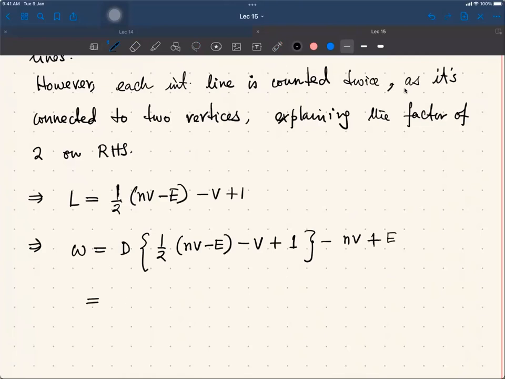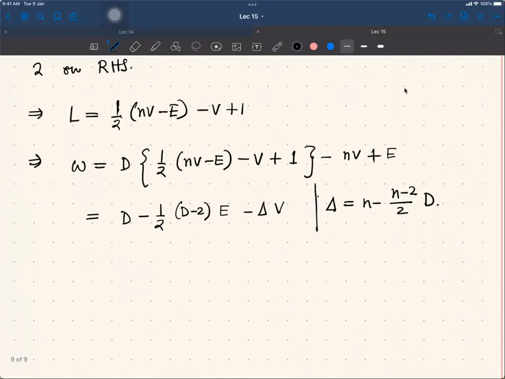And that can be written as d minus half d minus 2 times e minus delta times v, where delta is n minus 2 by 2 times d. And this is nothing but the mass dimension of coupling lambda n.